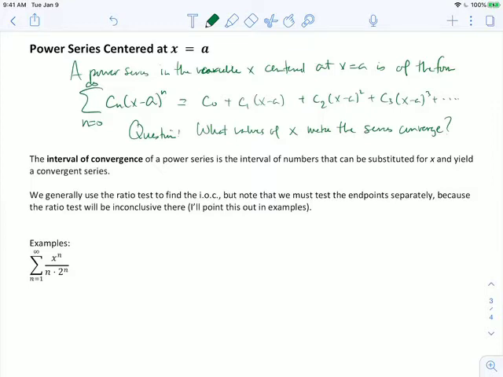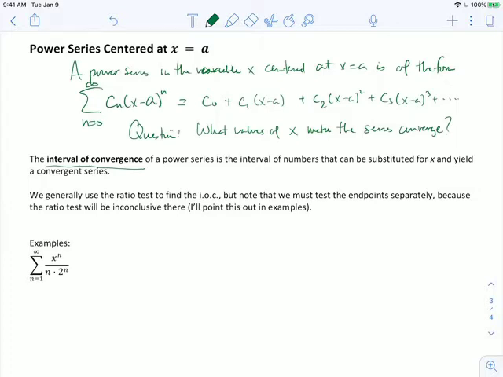And so we have an important definition here. The interval of convergence for a power series is the set of numbers for which the series converges. When I substitute those values in for x, I will actually get an infinite series. Our first set of problems with respect to power series is to find the interval of convergence for the power series.